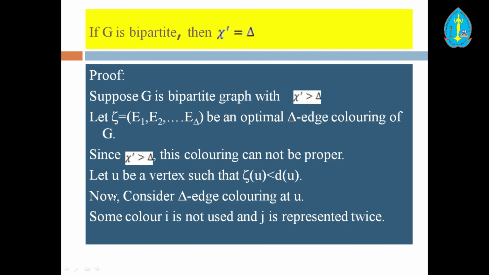Let U be a vertex such that C of U is less than d of U. Not proper coloring means adjacent edges at a vertex receive the same color. Therefore, at U it may be that one color is not represented and some color is represented more than once, that is, C of U less than d of U. Now consider the delta-edge coloring at U. Some color I is not used and J is represented twice.